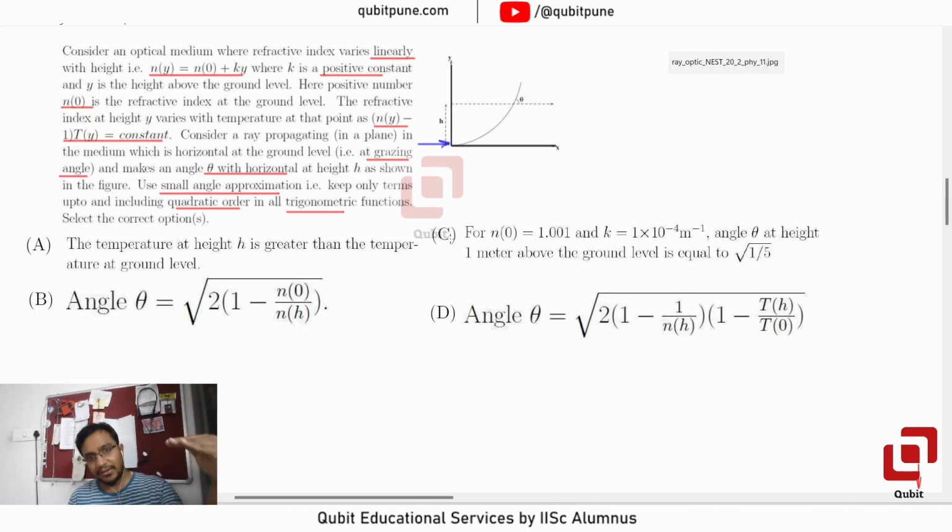The ray is going to enter in that direction, so we can say that the angle of incidence is 90 degrees, because the normal at that point is this y-axis.